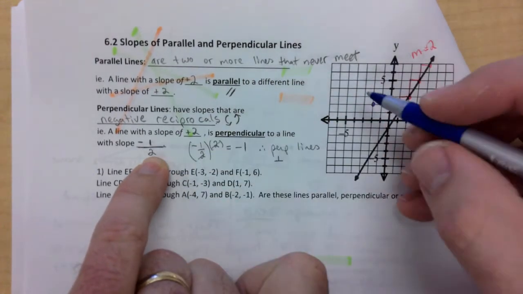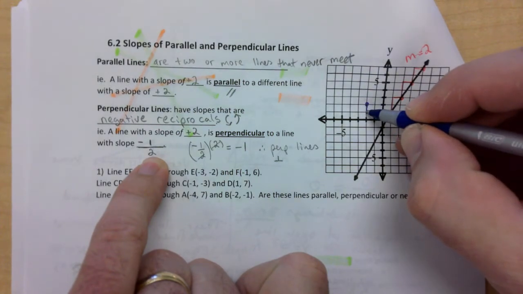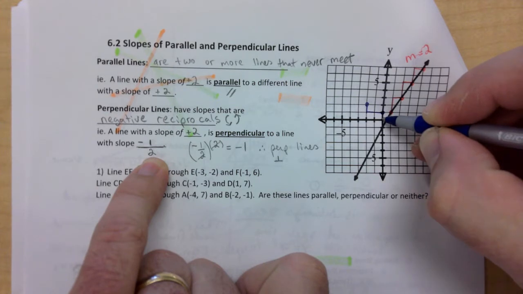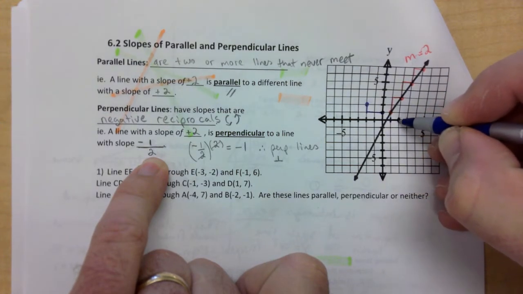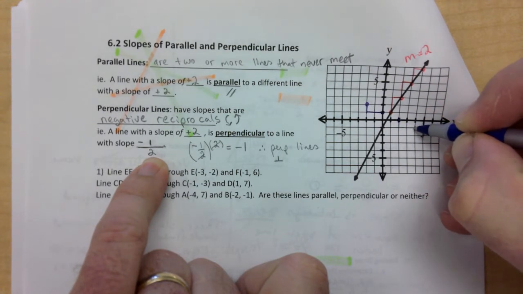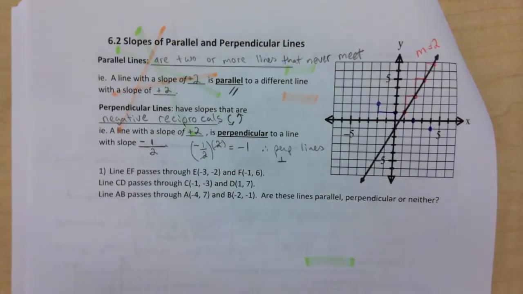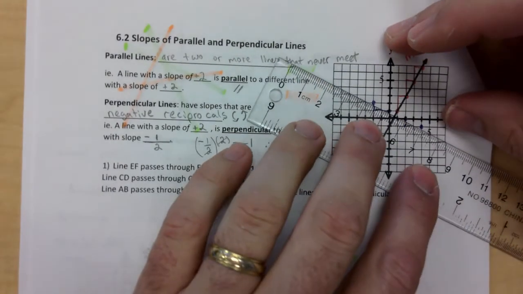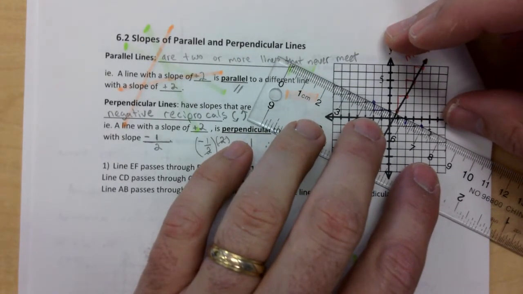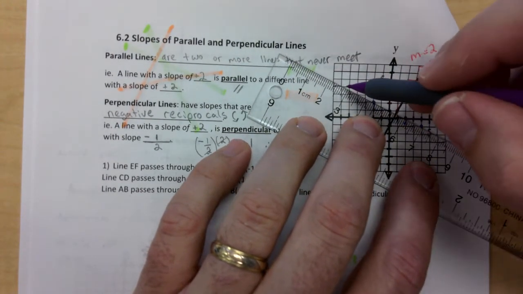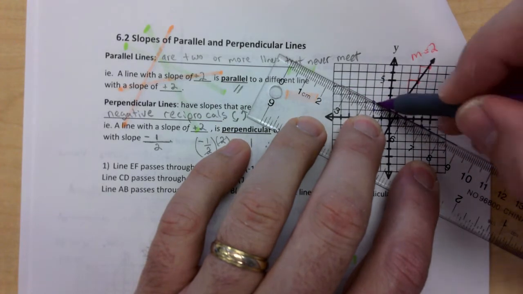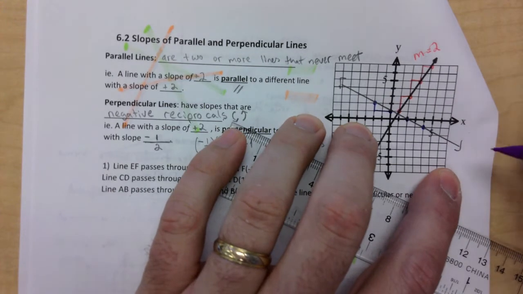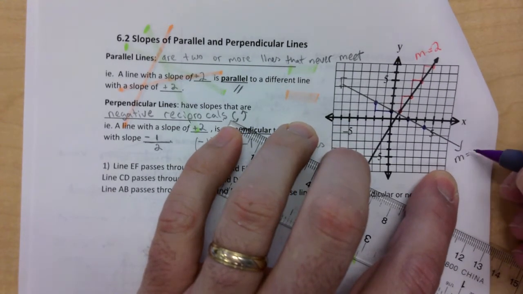This means that you're dropping 1 and you're running 2. So I made a bunch of points there. Now I'm going to actually sketch that, connect the dots there. This line has a slope of negative 1/2.